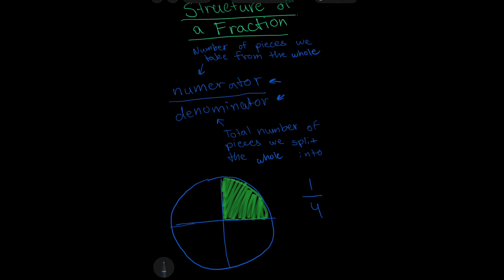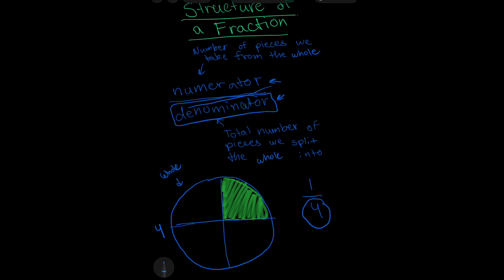Let's take this and let's say that this over here is our whole. This whole is split into 4 pieces. Now, the denominator of this fraction would be the total number of pieces we split this whole into, which in this case would be 4.